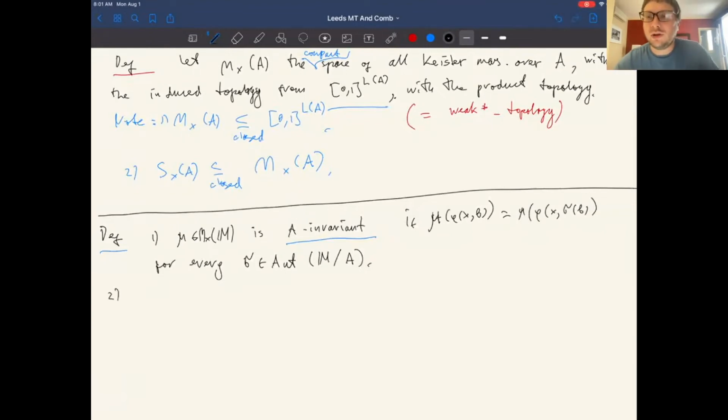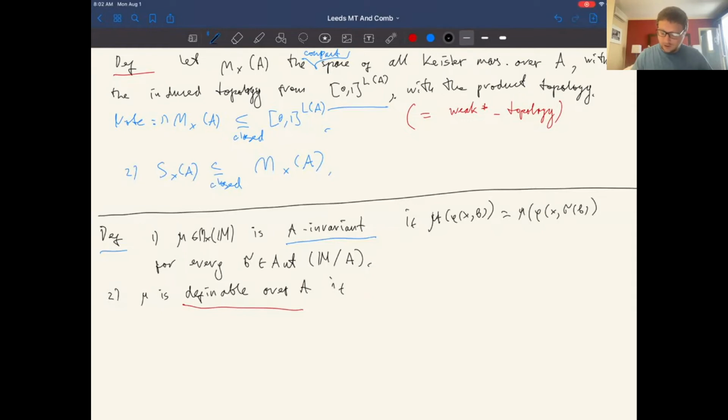Now, given an A-invariant measure, we will say that moreover, mu is definable over A if the assignment of the measure to a formula is a continuous function.